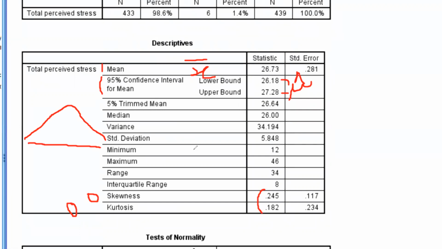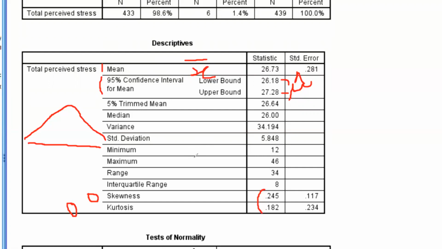But in my case, it is 0.245, which means we have a right skewed distribution. The larger the number, the higher the skewness on the positive side. If we have a negative number here, we have negative skewness. If it is a very big negative number, we can say it is an extremely negatively skewed distribution.